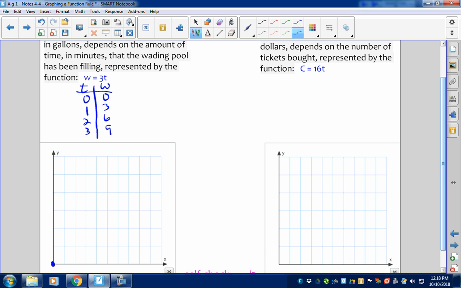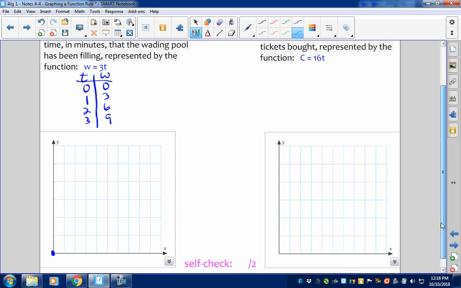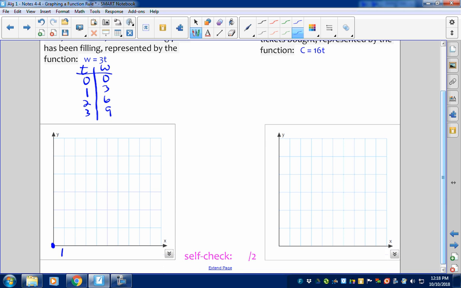Okay, so 0, 0, we have 1, 3 here. I better scale this differently here. Probably could scale these by 1, and these by 3s maybe. 3, 6, 9, 12, 15. So 0, 0, 1, 3, 2, 6, 3, 9. And it makes sense to draw in the line. You could keep going before 12, 5, 15.